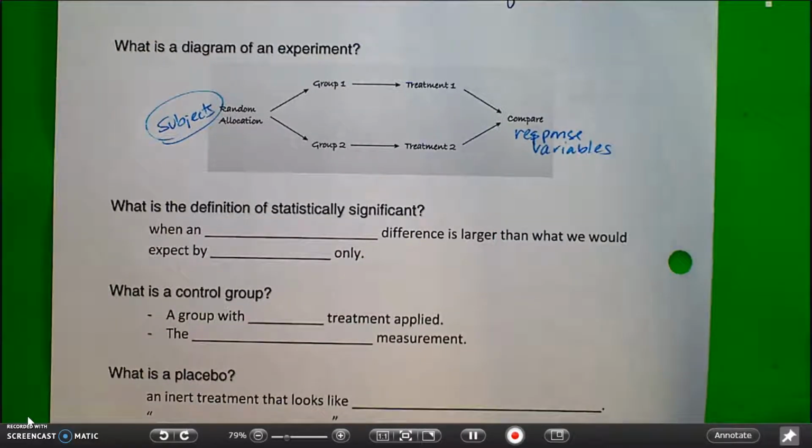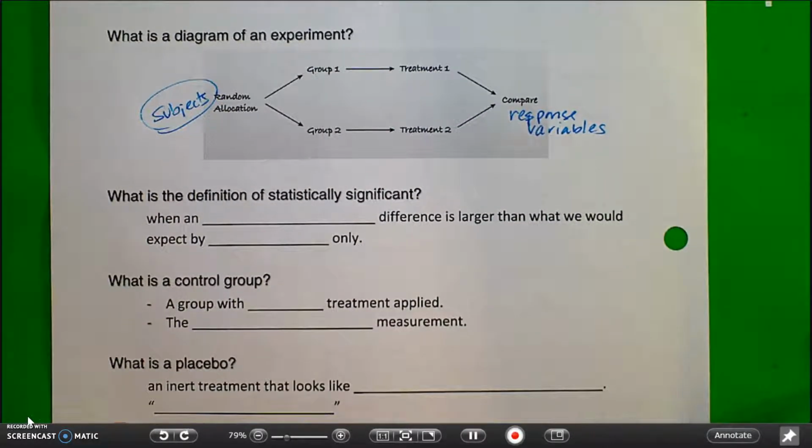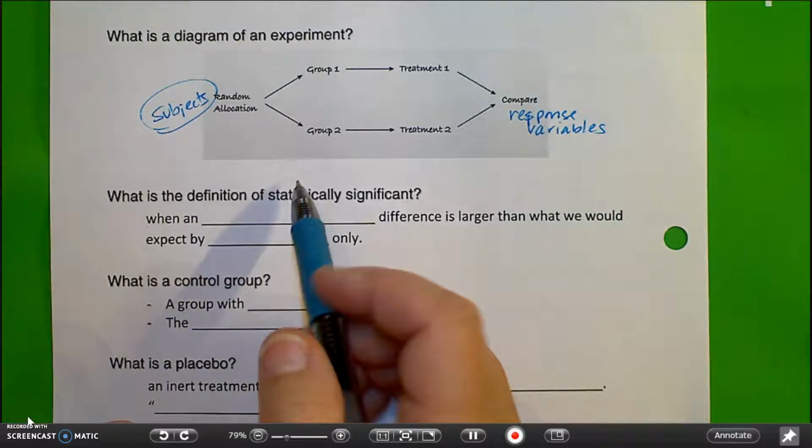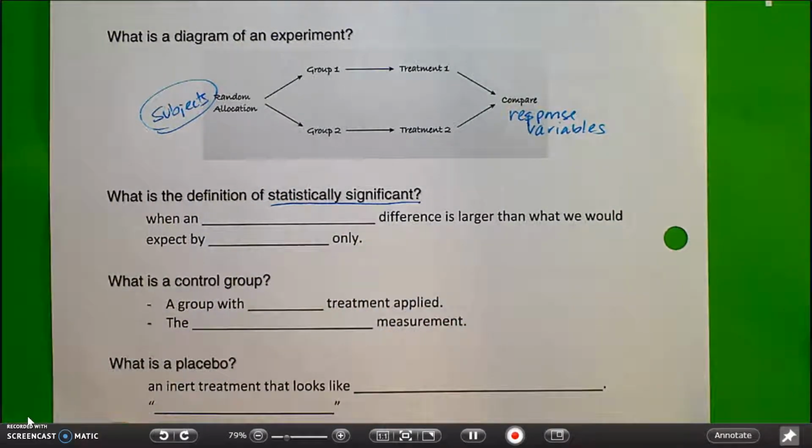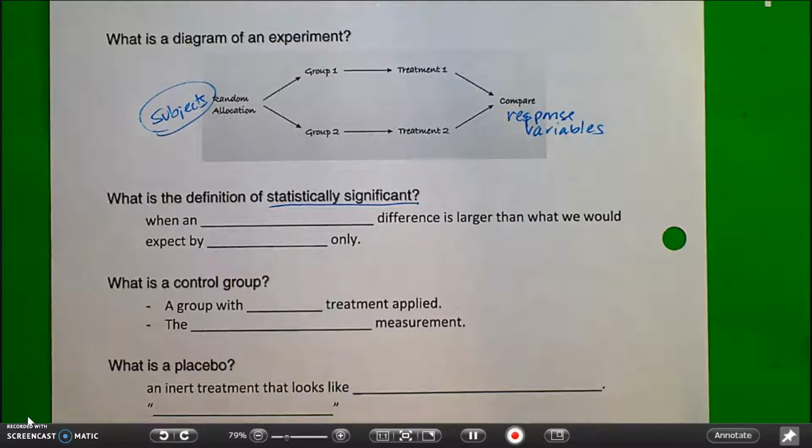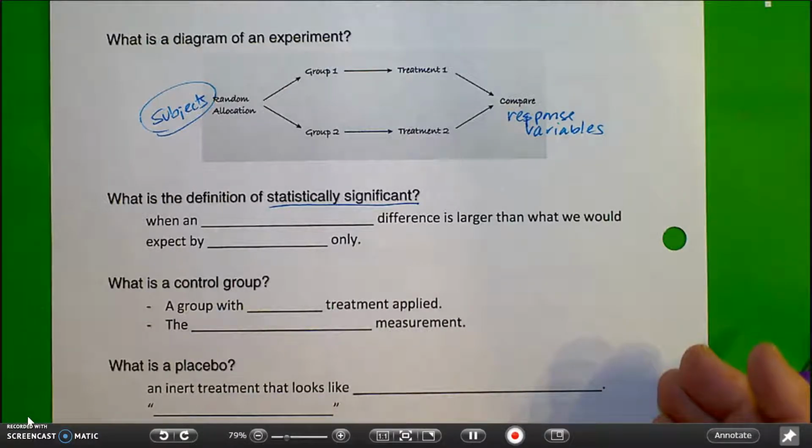Some more vocab. What is the definition of statistically significant? The purpose of any survey or any study is to decide if there is any statistical significance in some answers or observations that we have.